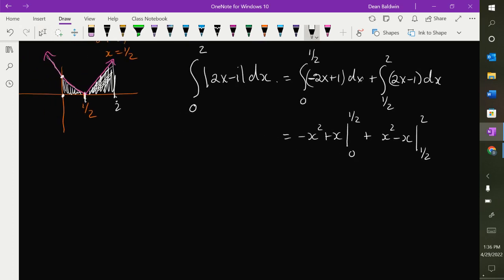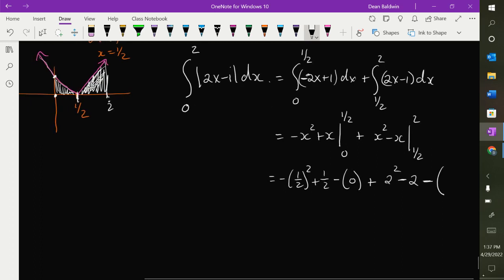And now we just plug everything in. Negative 1 over 2 squared plus 1 over 2, minus, if you put 0 in, everything disappears, so I'll just write 0, plus this bit, 2 squared minus 2, minus, and then you plug in the 1/2: 1 over 2 squared minus 1/2.